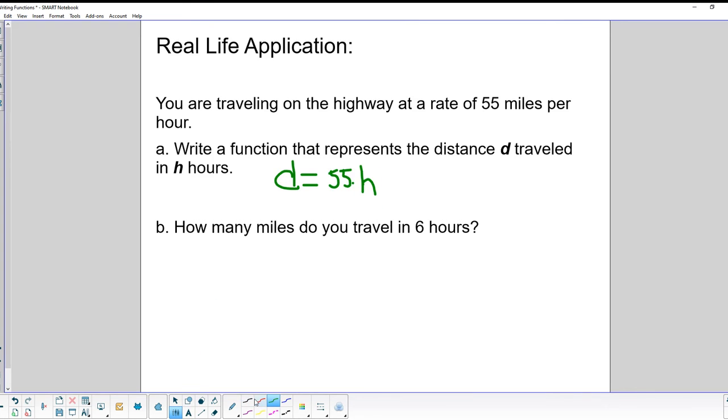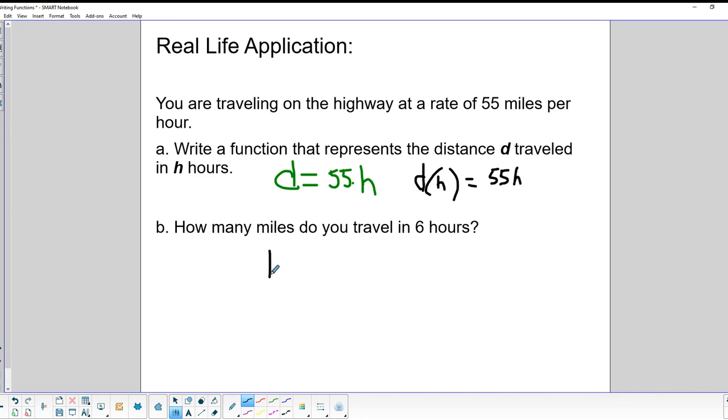If we write that in function form, that would look like this: d, which is dependent on the number of hours I'm driving, d of h equals 55h.